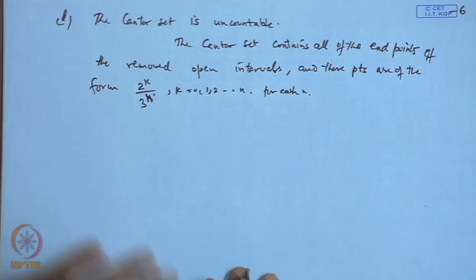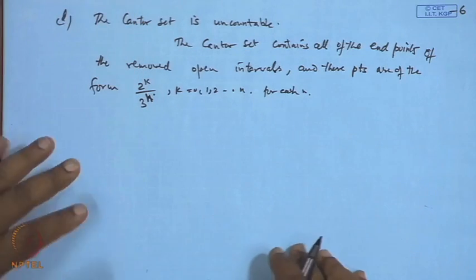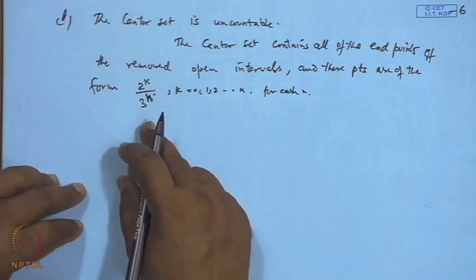The collection of these points is in the Cantor set. We want to show this Cantor set is uncountable.